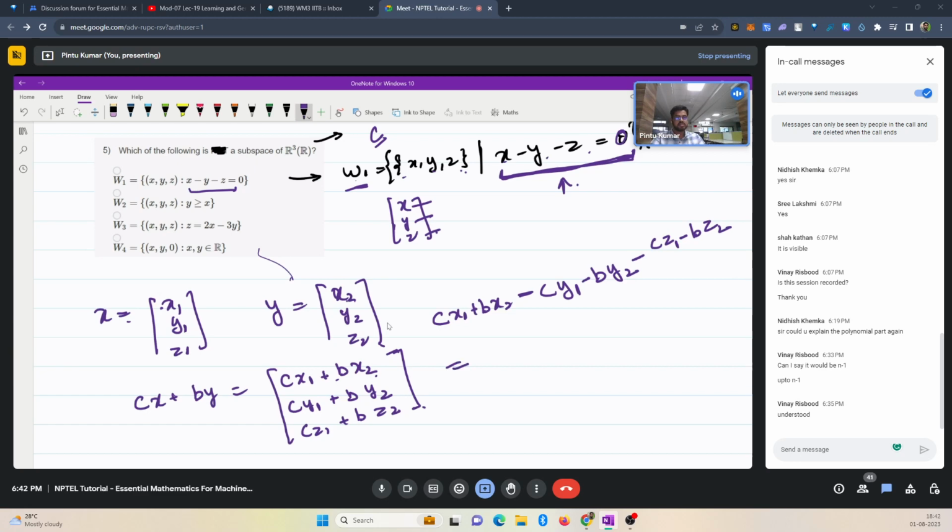If we rearrange this, we obtain C times (x1 minus y1 minus z1) plus B times (x2 minus y2 minus z2).